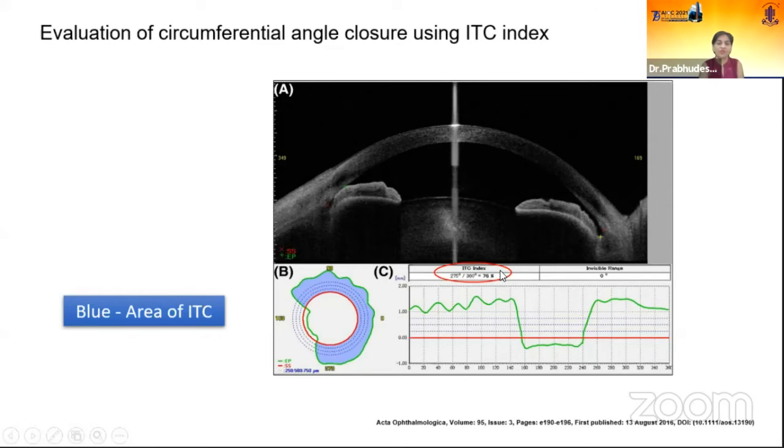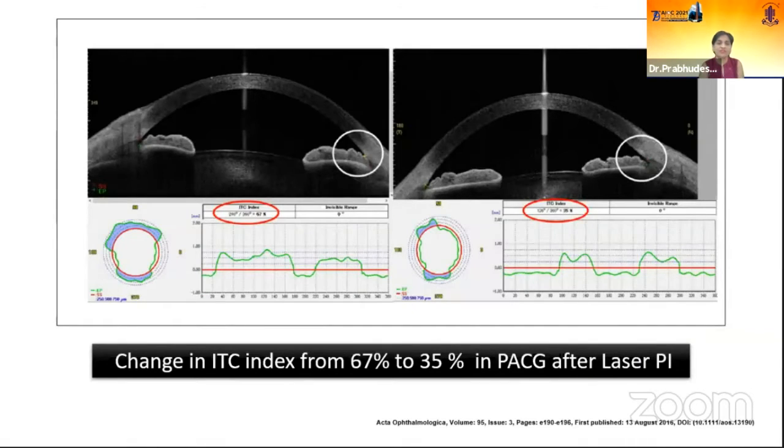This is helpful wherever we do some intervention, to see whether the ITC index is different or not. After PI, there is a change in ITC index from almost 67% to 35%. And we can also note that the blue area has definitely decreased from the first to the second image.